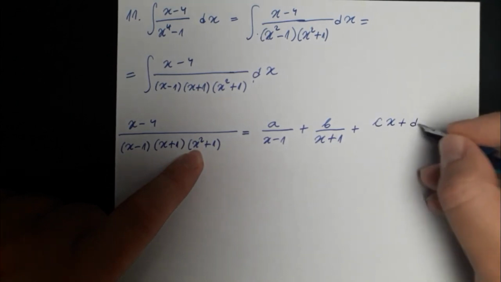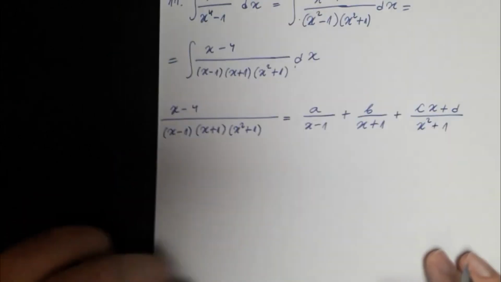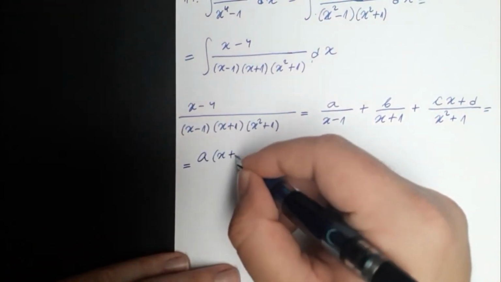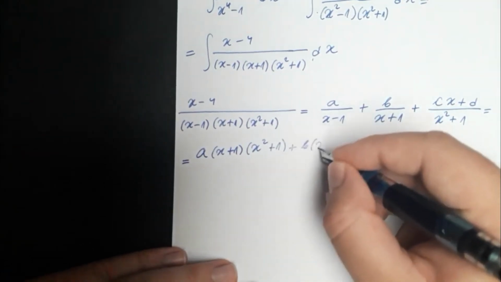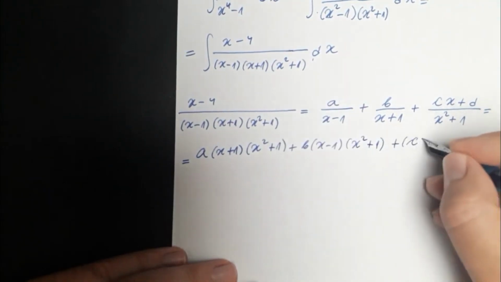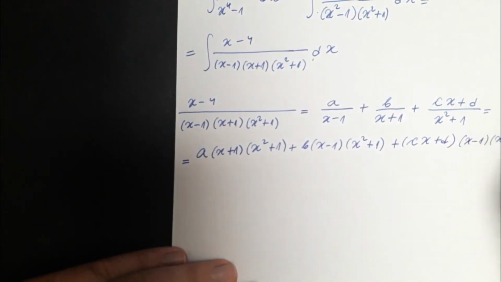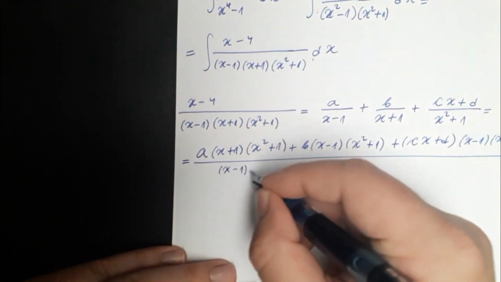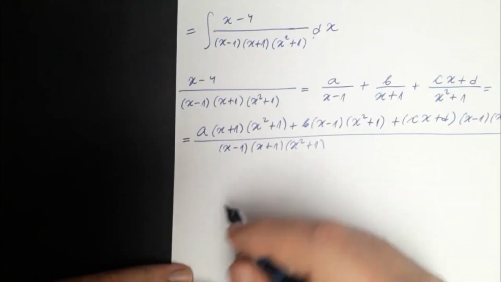So we are going to write Cx plus D divided by x squared plus 1. So this is going to become A times x plus 1 times x squared plus 1, plus B times x minus 1 times x squared plus 1, plus Cx plus D times x minus 1 times x plus 1. Of course, divided by the same thing, x minus 1, x plus 1, x squared plus 1.